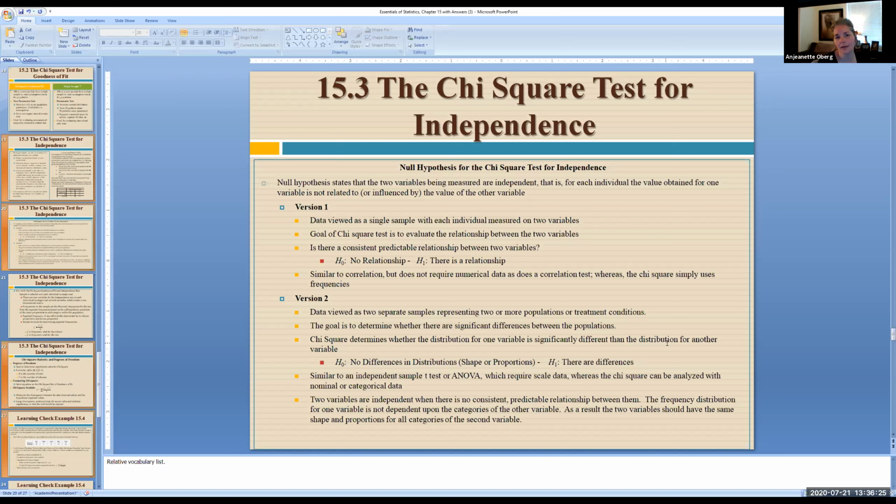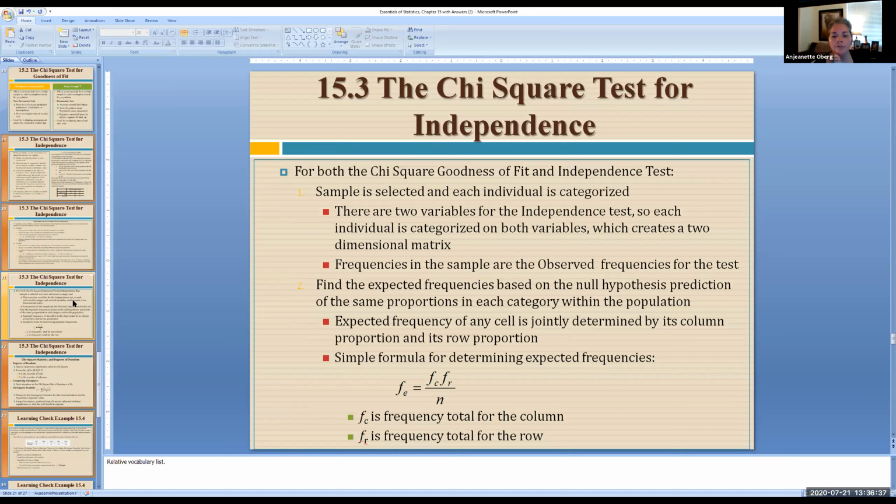Because a null is saying no, there's no differences between groups, and the alternate is saying yes, there are significant differences between groups, okay?